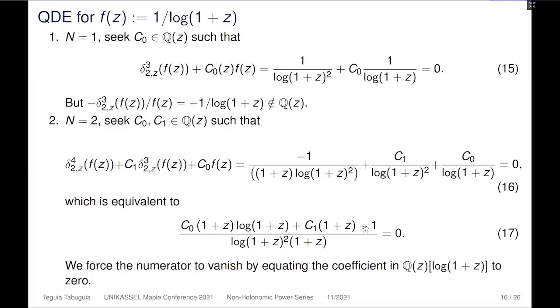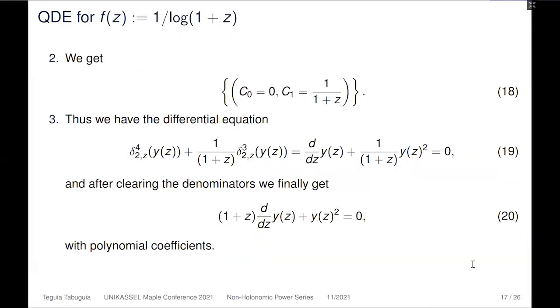Solving this equation over the ring of polynomials in the variable log of 1 plus z gives us the solution c0 and c1 here. Plugging in these coefficients gives us the differential equation, and after clearing the denominators, we have this differential equation with polynomial coefficients that we wanted to compute.